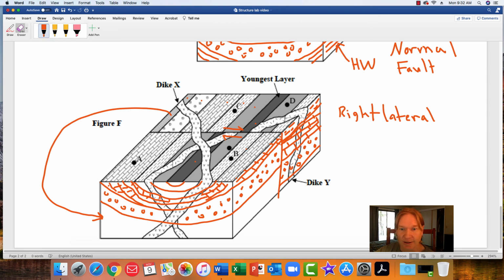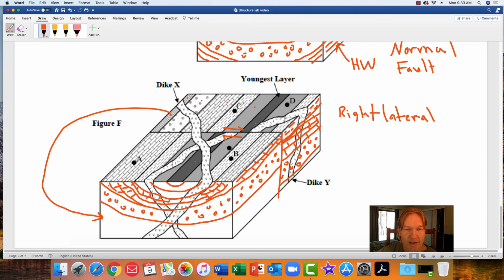It's just a right lateral fault. So whenever you cut dipping layers with a right lateral or a left lateral strike slip fault, you get an apparent dip slip motion on the side. For the extra credit blocks, you see this on figure number 12. But it really is not a reverse fault. It is just a strike slip fault.